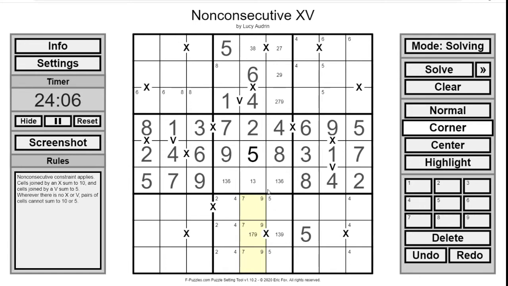Which means that this must be either a 3 or an 8. What is the conclusion here?